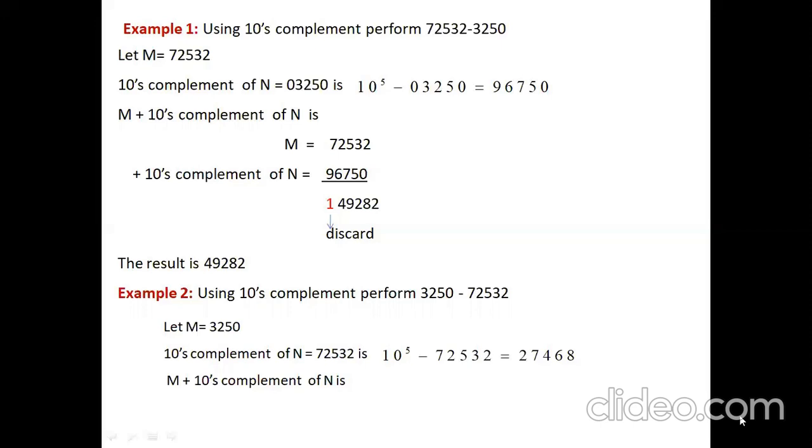Here n is the number of integer digits, which is 5. So 10 to the power of 5 minus 03250 is equal to 96750. Now the tens complement is obtained, and we add m, which is 72532, to the tens complement of n.